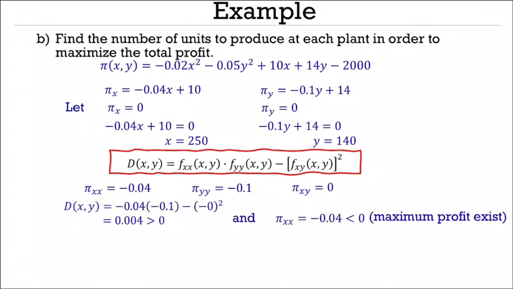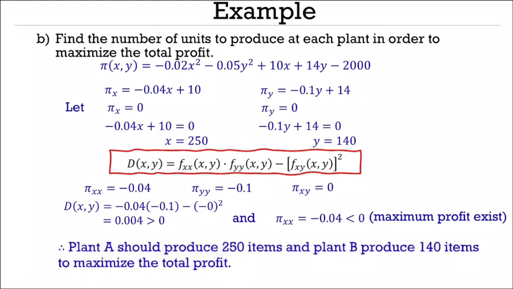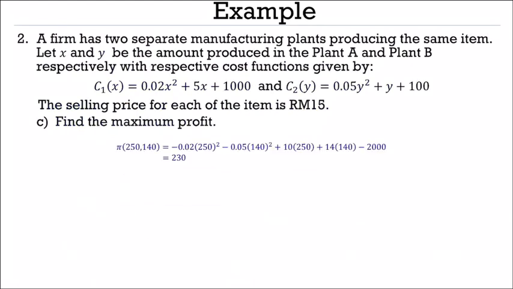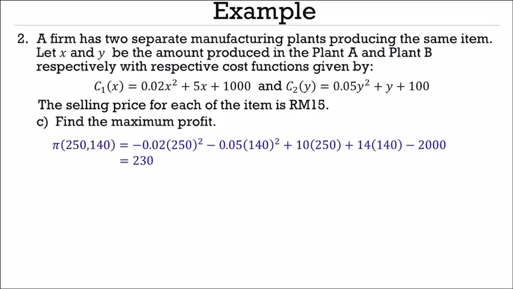Since the discriminant is greater than 0 and pi sub double X is less than 0, maximum profit exists. Then make a conclusion. To find the maximum profit, just substitute the quantities into the profit function. Then make the conclusion.